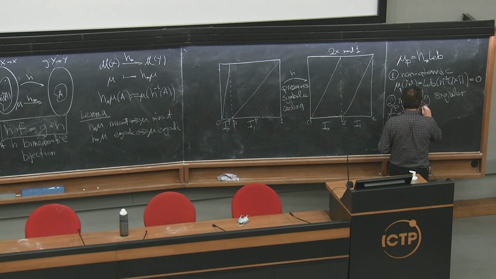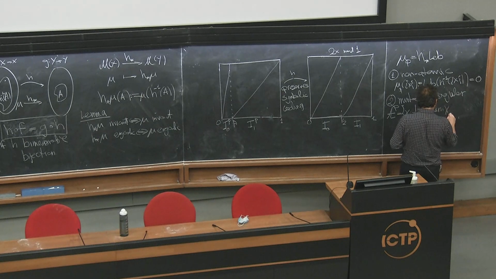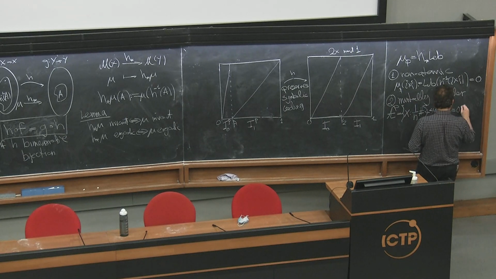So here is 1 over n times exactly what we had before, times from 1 to n, such that xi equals 0, equals p.